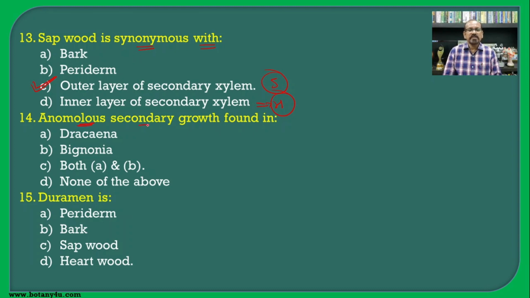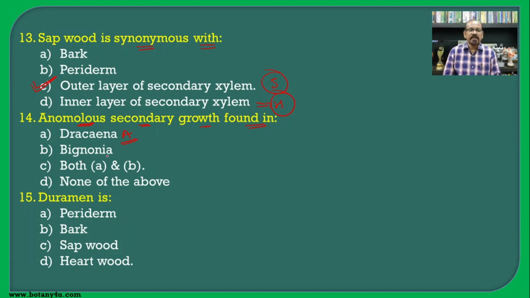Then anomalous secondary growth found in. Earlier we have seen that there is anomalous secondary growth in the Dracaena as it is a monocot, but there is a development of the cambium which is responsible for the addition of new vascular bundles.